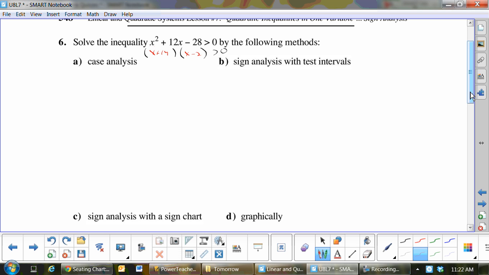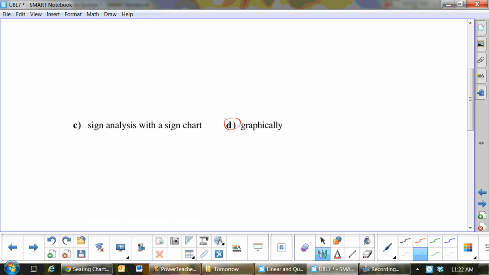So let's cheat and go right to graphically. Okay, so let's put our points down. We have negative 14 and positive 2. Now, is this smiling or frowning? Smiling. And is it solid or is it dashed? So it's dashed, and it's going like this, right?